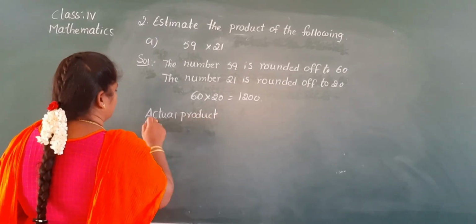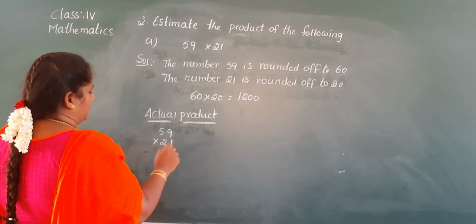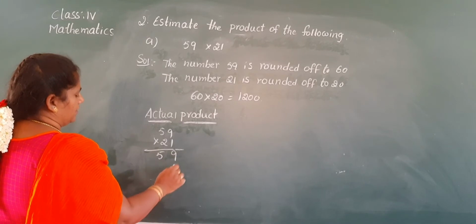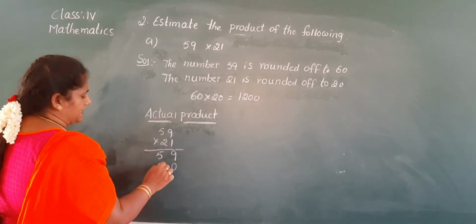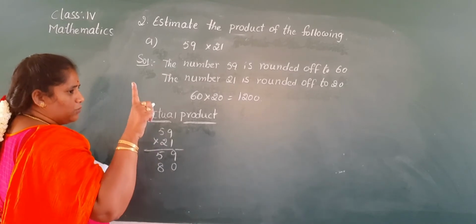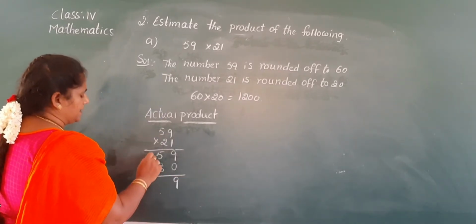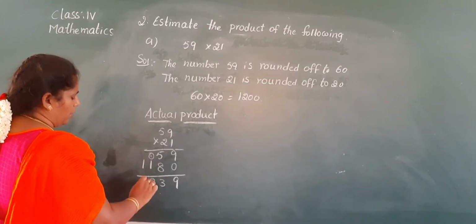Actual product. Direct multiplication. 59 into 21. 1 9s are 9. 1 5s are 5. 0. 2 9s are 18. 1 in hand. 8 is down. 2 5s are 10 plus 1, 11. 9. 5 plus 8, 13. 1 up, 3 down. 1 plus 1, 2. 1.